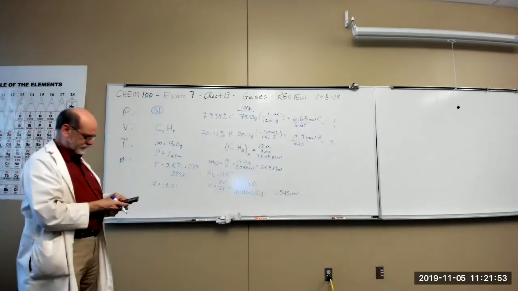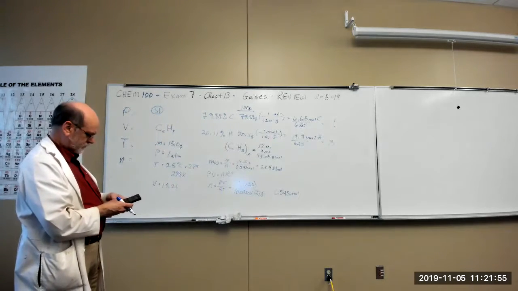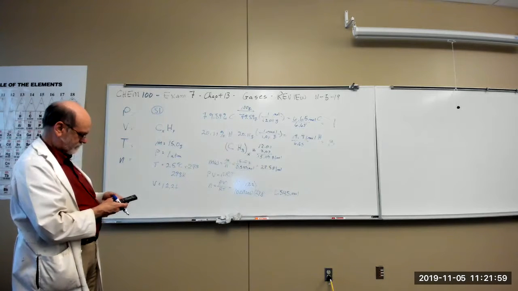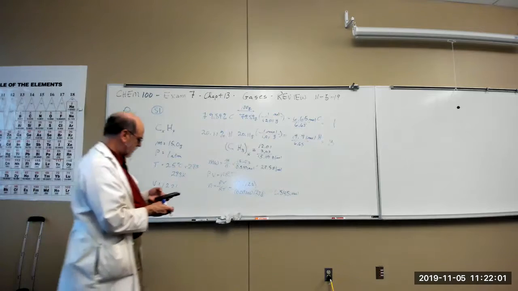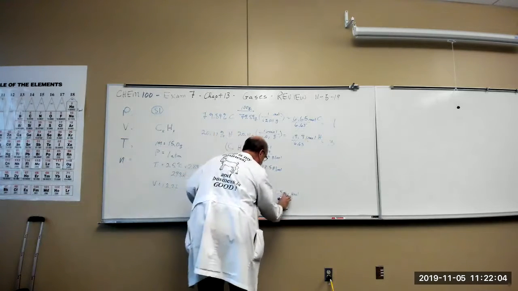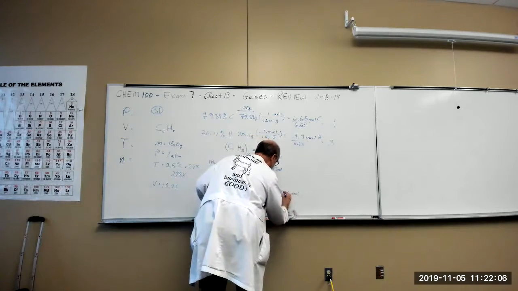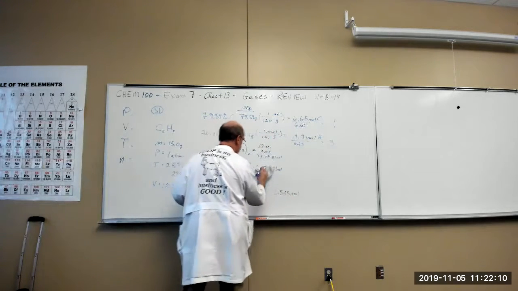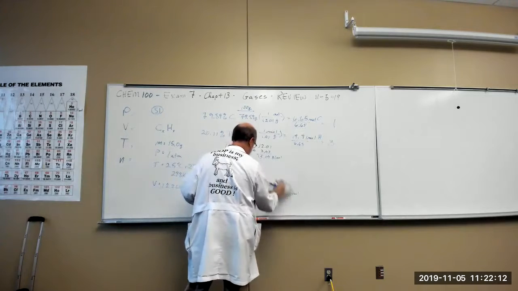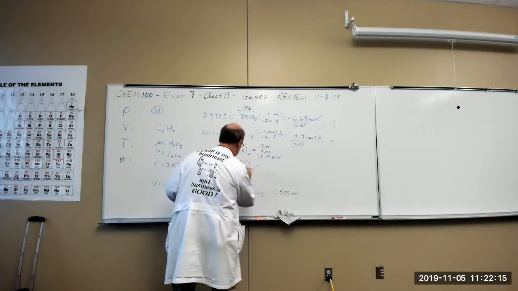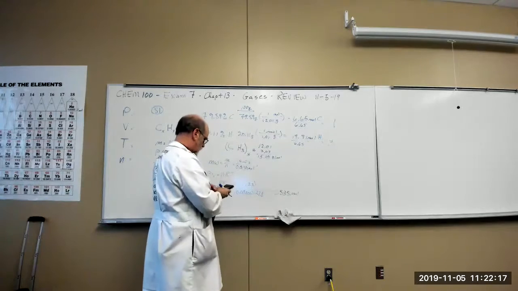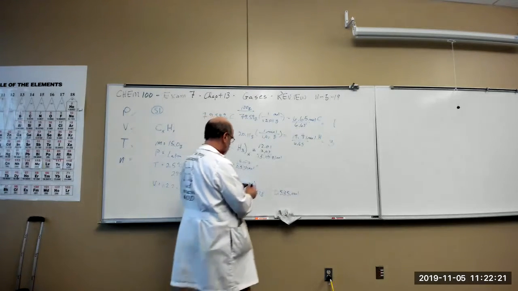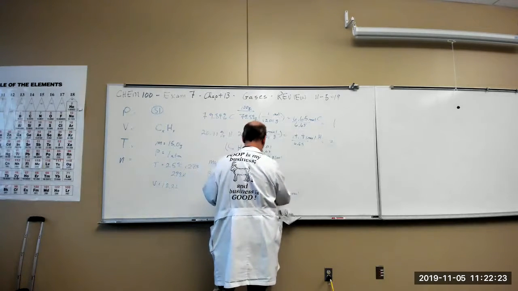There's the problem. Okay. There we go. 0.535 divided into 15. I get 28 grams per mole.